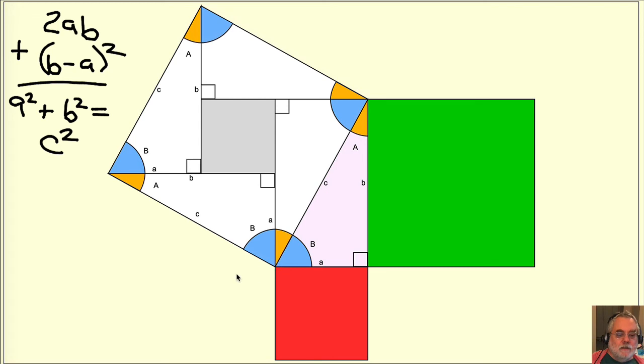Changing direction, let's look at a special triangle. Suppose we draw a triangle with side lengths 3, 4, and 5.